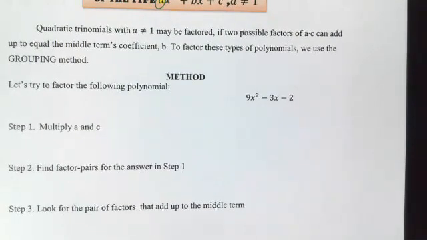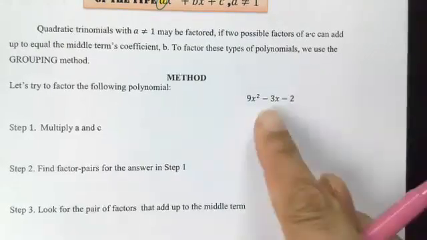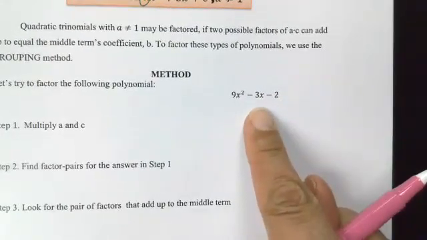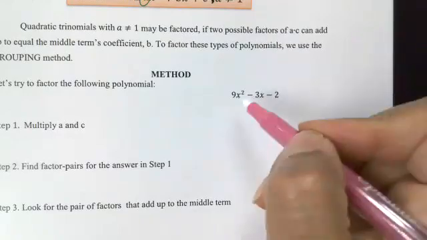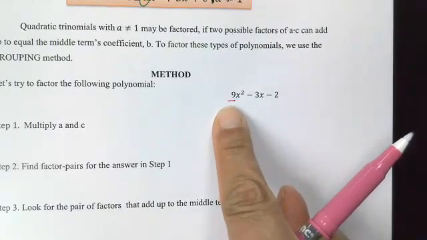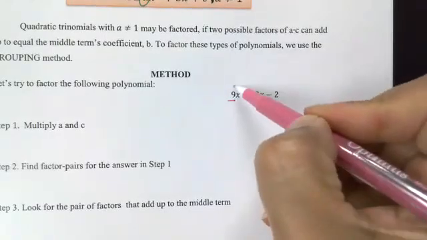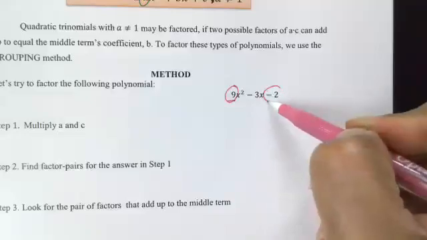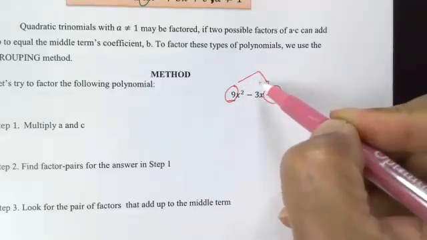So the way you decide if you can factor this polynomial, 9x squared minus 3x minus 2. See how you have here a number in front of the x squared different than 1? It's 9, right? The way you can check it is first take the 9 and the negative 2 and multiply them.